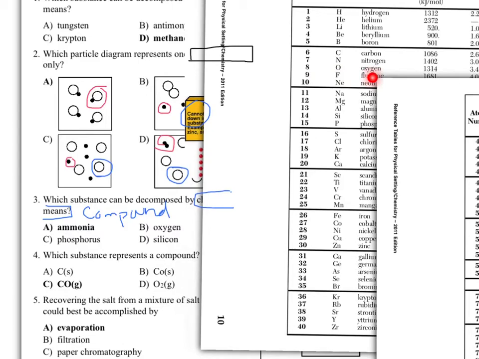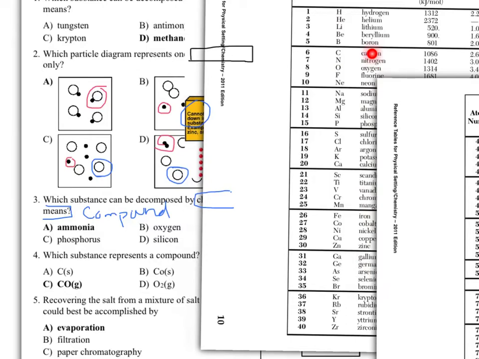Element number 15 is phosphorus. And element number 14 is silicon. So these three substances are elements, so ammonia is not listed anywhere on this table. Therefore, ammonia must be a compound.